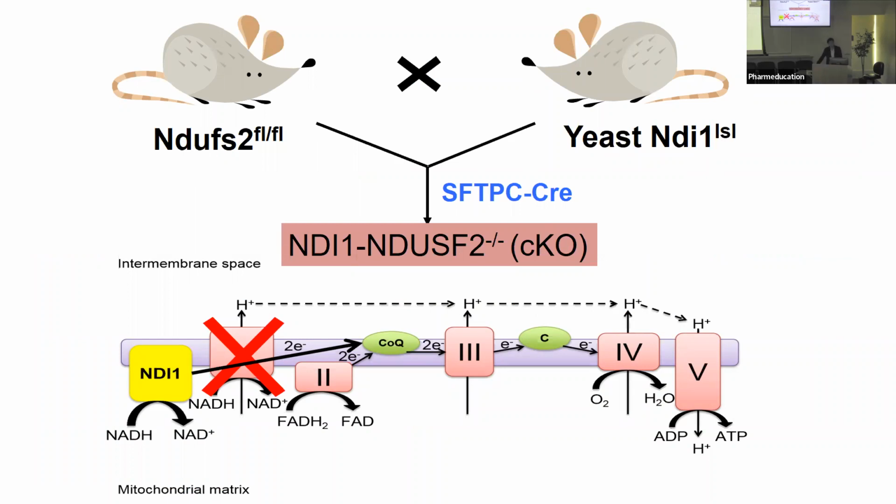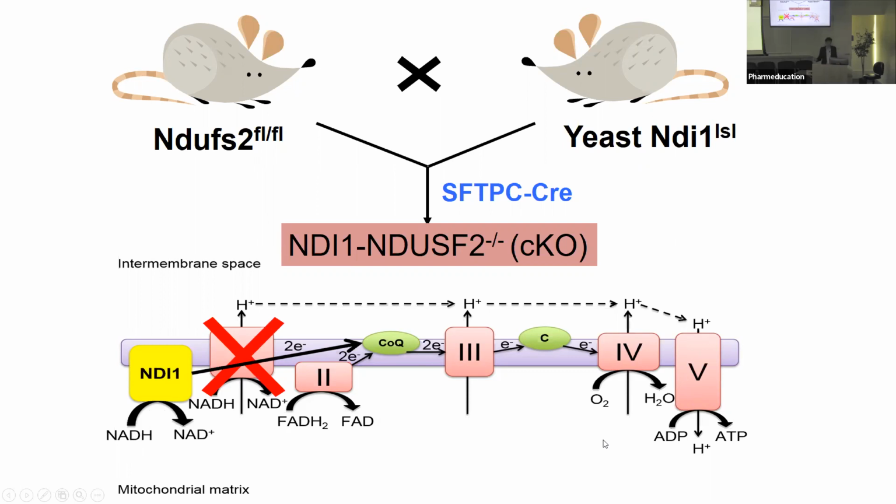Whenever you lose the NDUFS2 flox, the complex 1 activity, you have NDI1 come on, right? And then your chain looks like here at the bottom. Complex 1 is gone, but NDI1 is there to take NADH to NAD, keep the TCA cycle going, and you pass electrons to Q and down to the rest of electron transport.